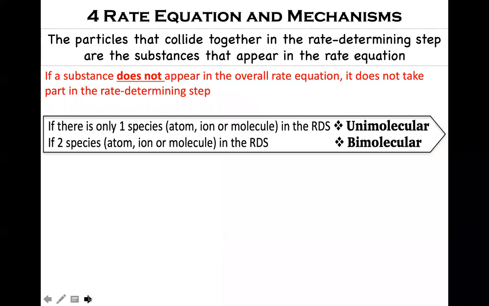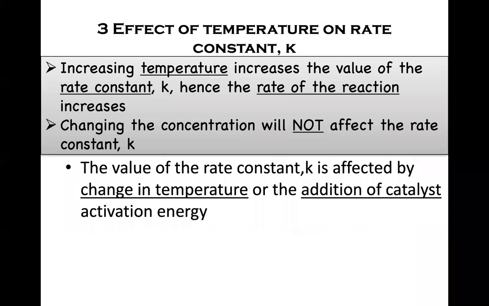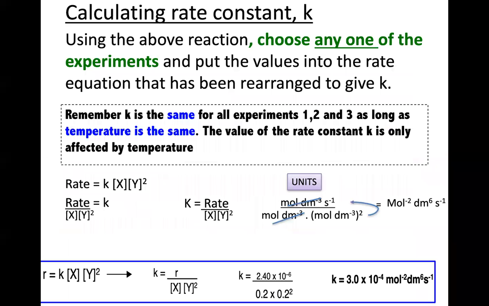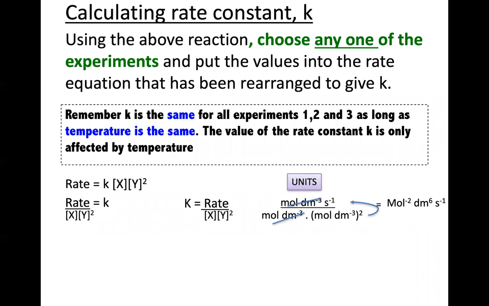How is the rate equation related to the mechanism? The particles that collide together in the rate determining step are the substances that appear in the rate equation. So whatever the rate equation tells you, for example, if we use this example, rate equals species X and species Y, where species Y is squared.